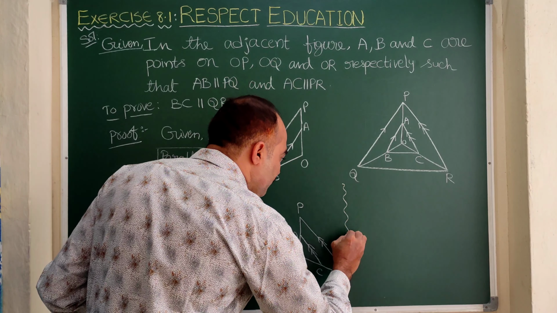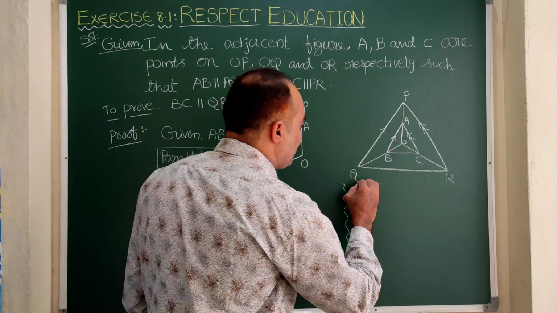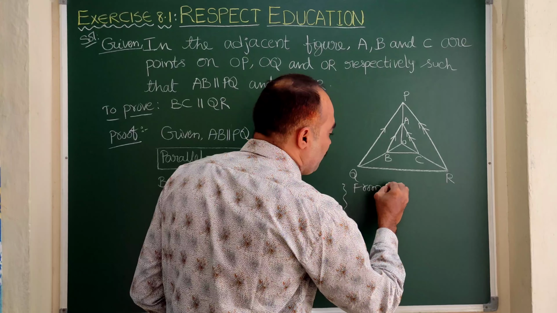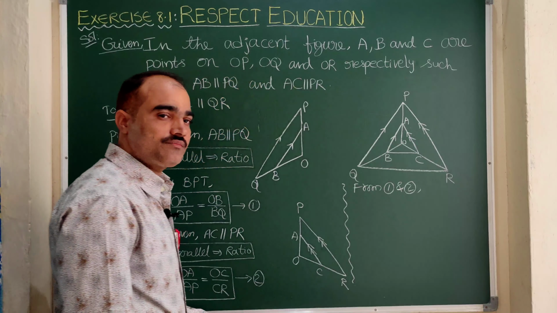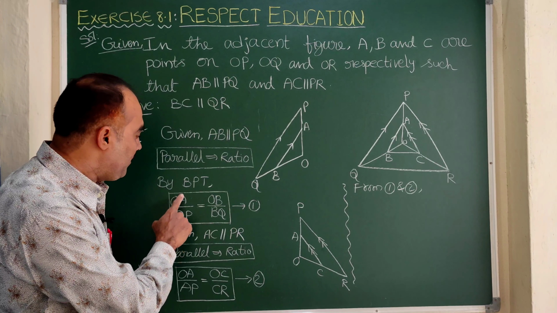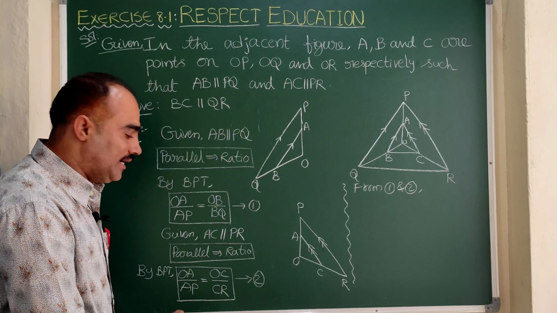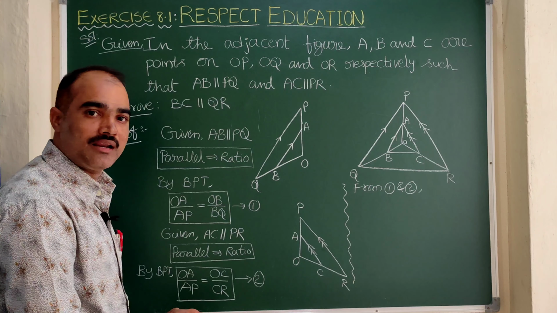Now from 1 and 2, let us continue here. From 1 and 2, we have, you compare equation number 1 and 2. OA by AP equal to OB by BQ. Same OA by AP is equal to OC by CR.